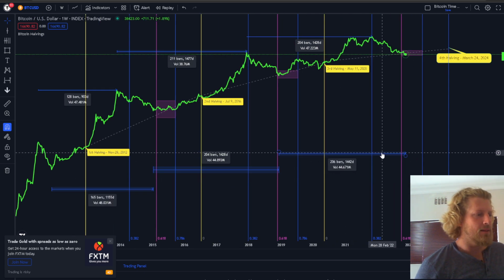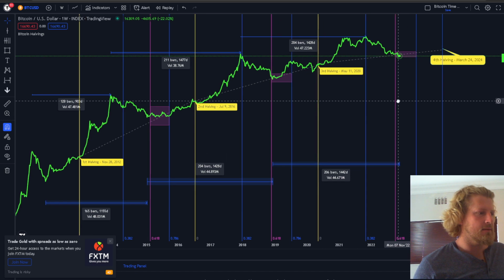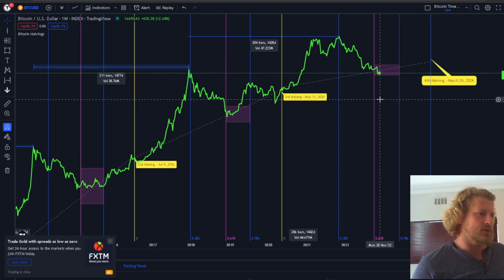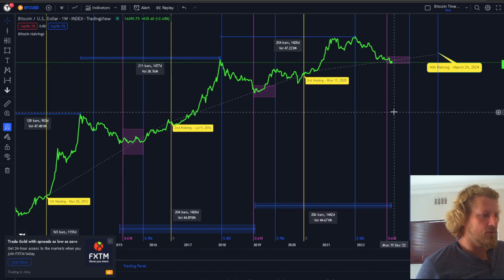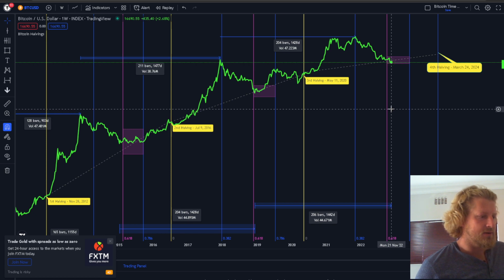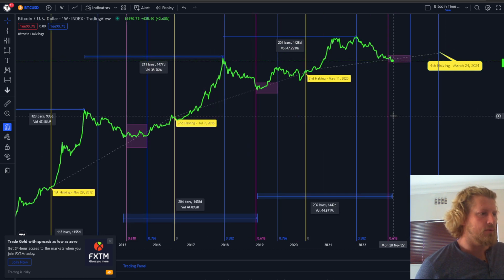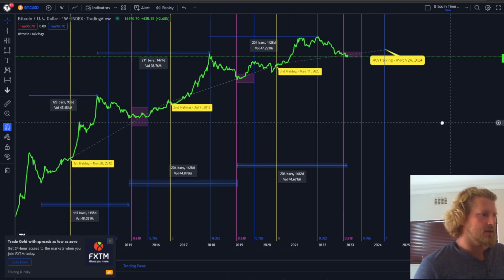So we are well within the 4-year cycle, coming very close to the 4-year mark at 208 weeks, which is 2 weeks from now. That would be a full 4-year cycle and the start of the next cycle.